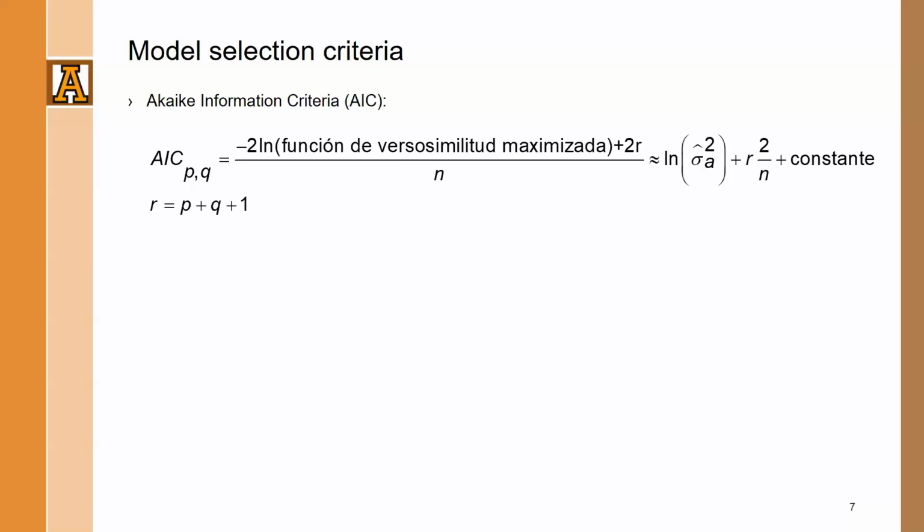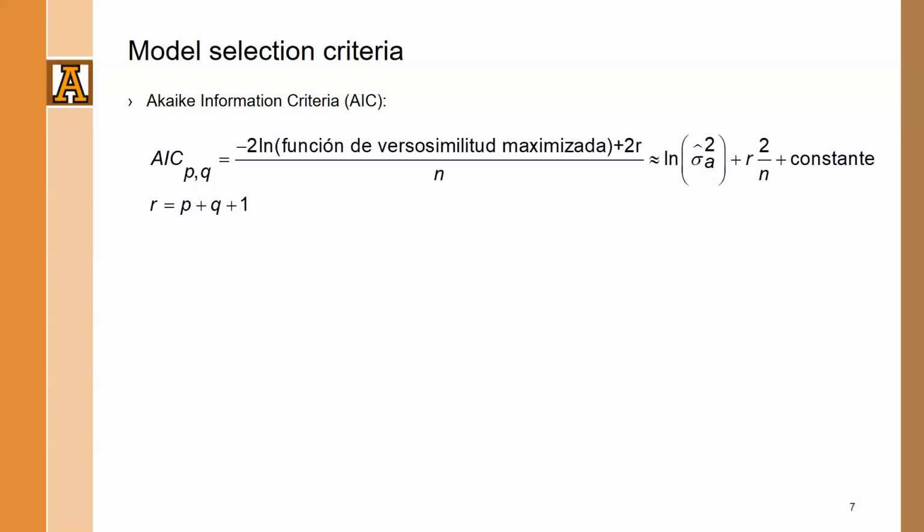So once we maximize the likelihood to obtain the parameter coefficients, we take the log of that maximized likelihood and add 2r, where r is the sum of p, the order of the autoregressive terms, and q, the moving average terms, divided by n.